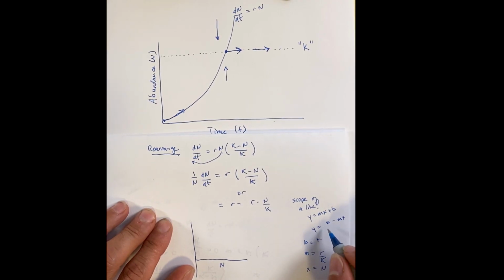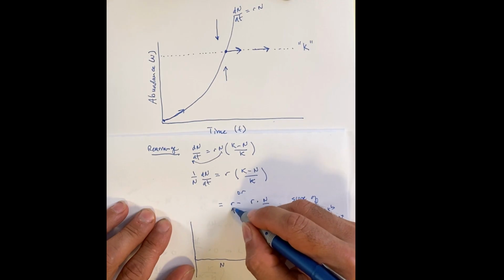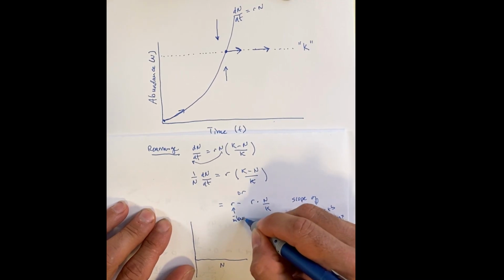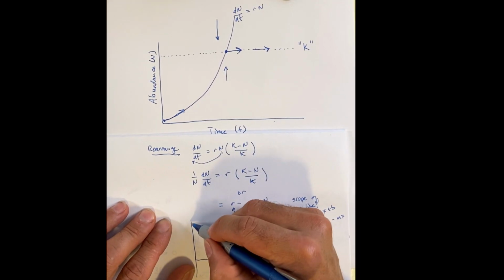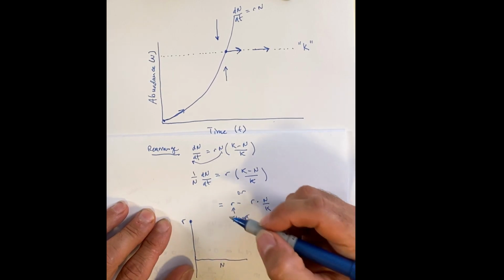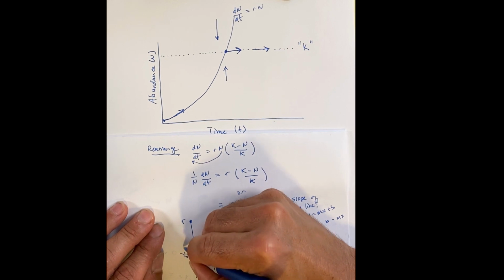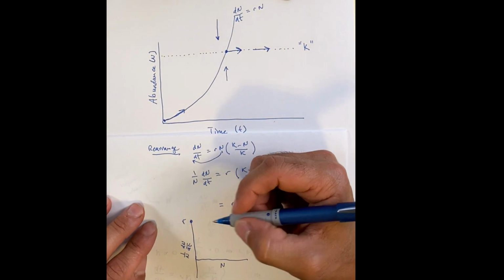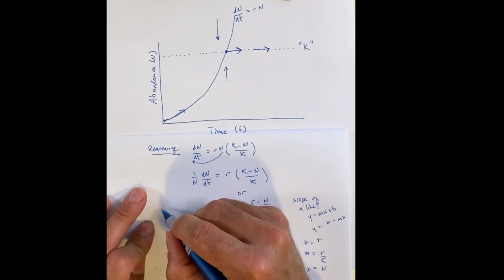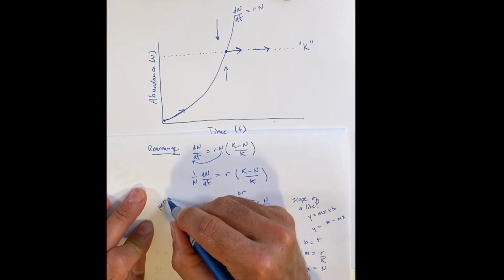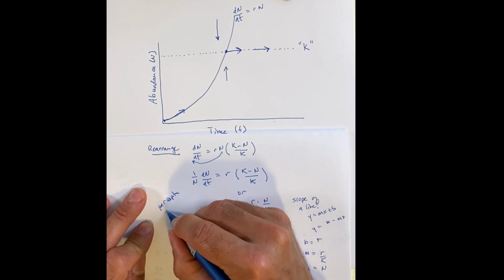So remember, that's the equation for the line. This is the intercept, r, and the slope is negative r over K. Your y is 1 over N dN/dt, your x is N, all right? Remember, this is the per capita growth rate.